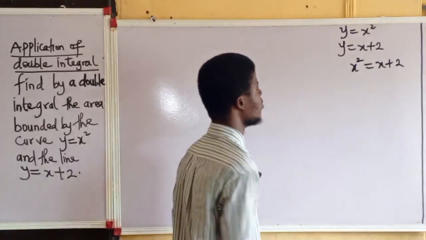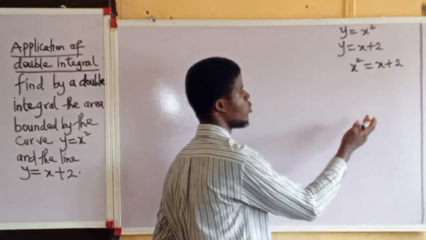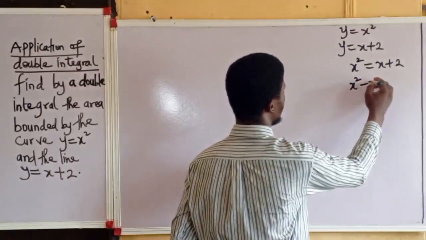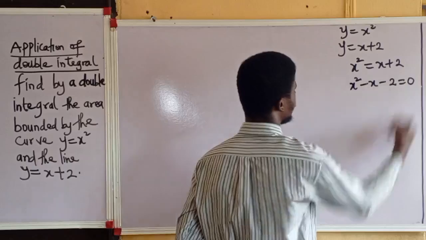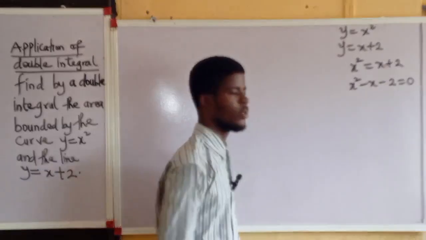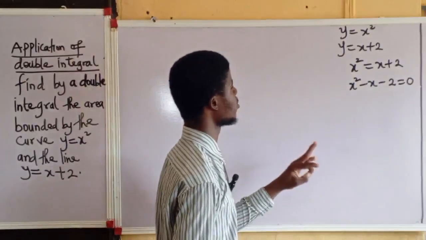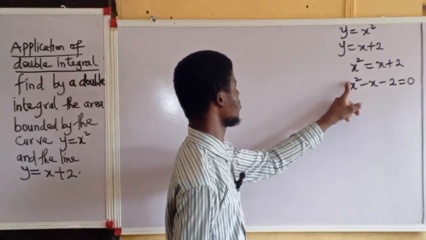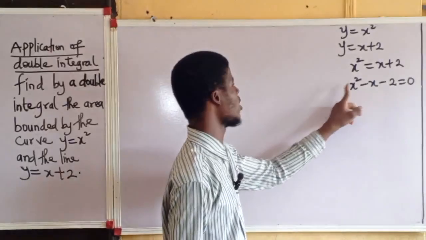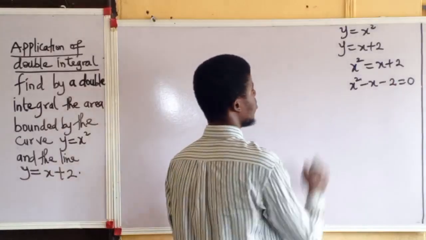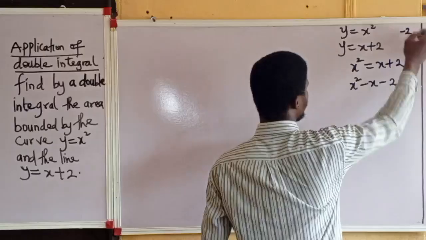Okay, so I have a quadratic equation already. x squared minus x minus 2 is equal to 0. So let's factorize the left hand side. I need two numbers that multiply to give the product of 1, the coefficient of x squared, and minus 2, which is minus 2.